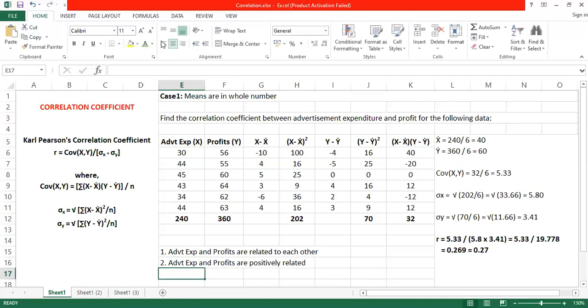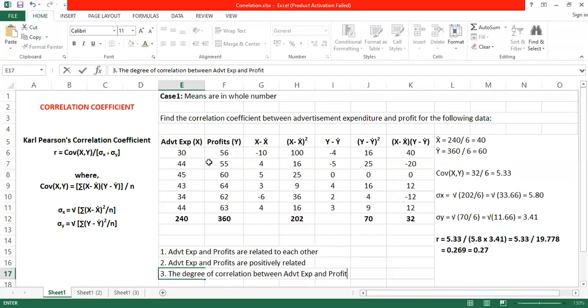Third, the degree of correlation between advertisement expenditure and profits is 0.27, right?